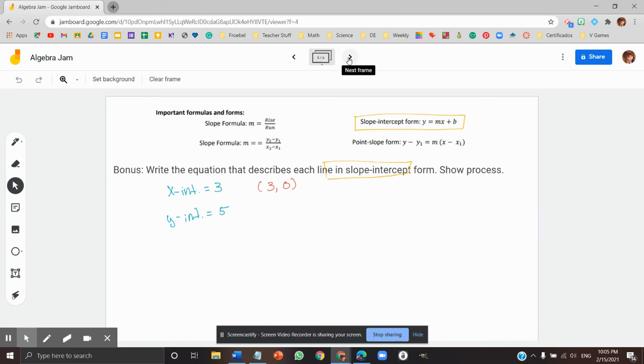And if you have an intercept in y, then your x has to be 0. So those are 2 points, and from 2 points, I can find a slope. I just have to tell which one is going to be my first one and which one is going to be my second one.